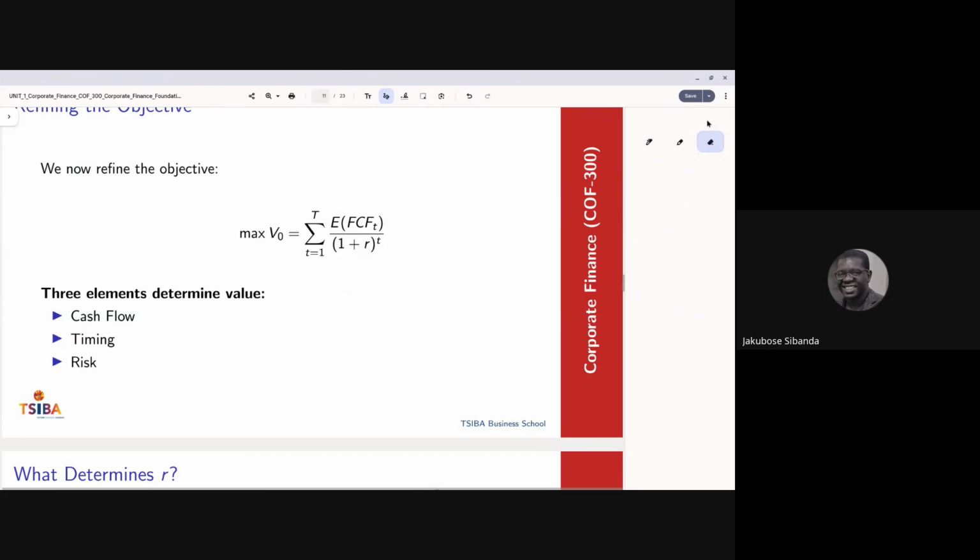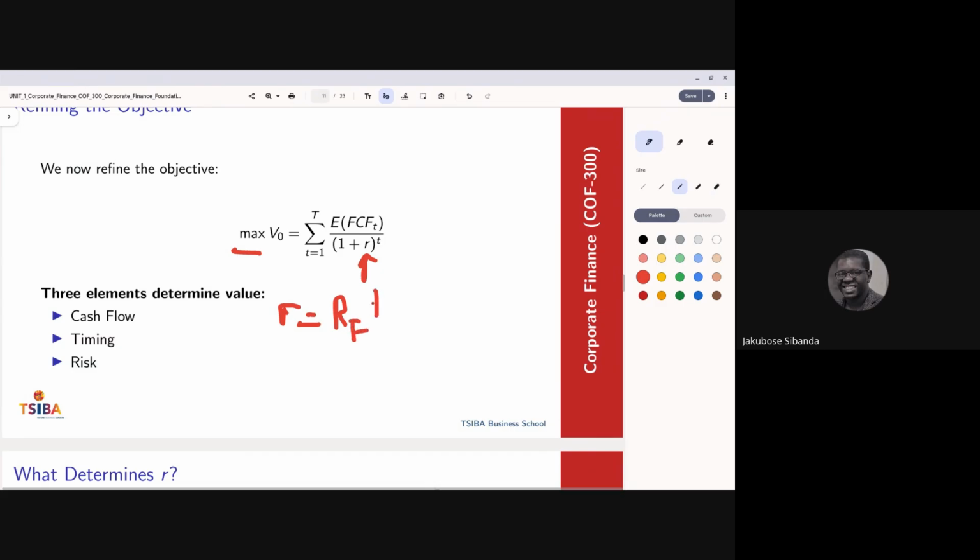You see? Because I need to calculate this. So this R here, we know that this R comes from the CAPM: R equals RF plus beta times (RM minus RF).